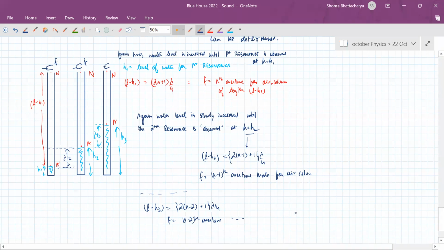So you can see from here that F, the frequency of the tuning fork, is equal to speed of sound by lambda, where lambda is equal to 2 times H2 minus H1 or 2 times H3 minus H2.